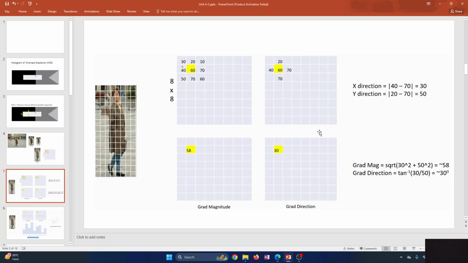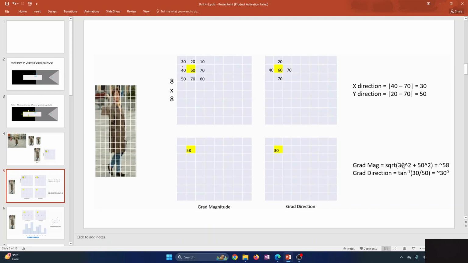Now next thing is, these are the main requirements of HOG. What I said earlier is HOG works on magnitude and direction. Okay, so magnitude, how we find magnitude is this formula. We apply this formula. For example, for x we have 30 square, and for y we have 50 square.